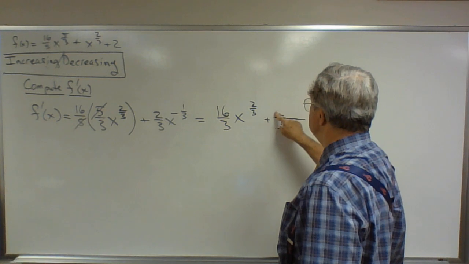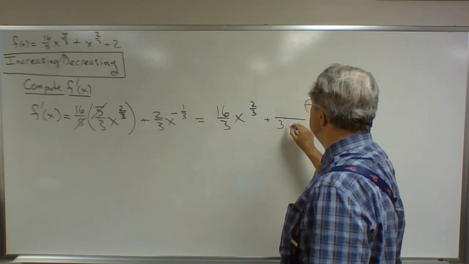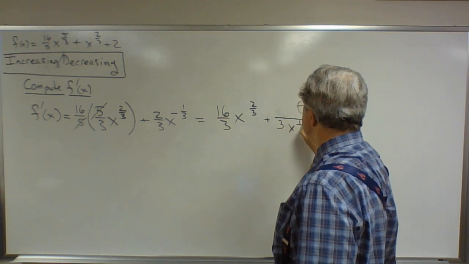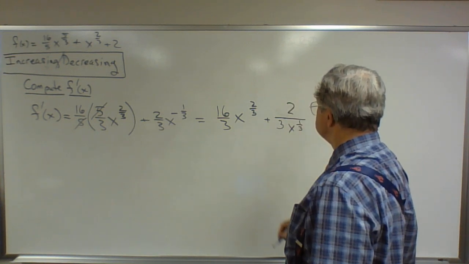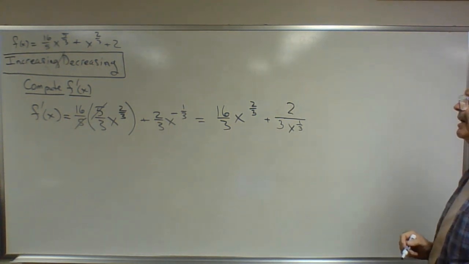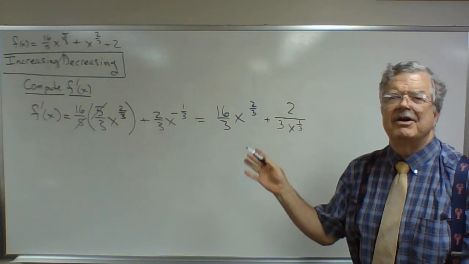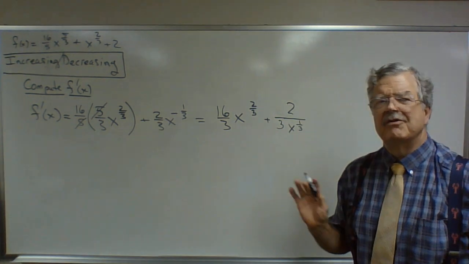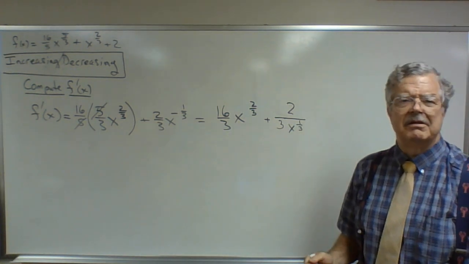And I'll tell you what, I'm going to take this x to the -1/3 and put it in the bottom and make it x to the positive 1/3. I'm going to have to set this to 0 and solve for x and so forth and so on. I'm going to have to work with it algebraically.